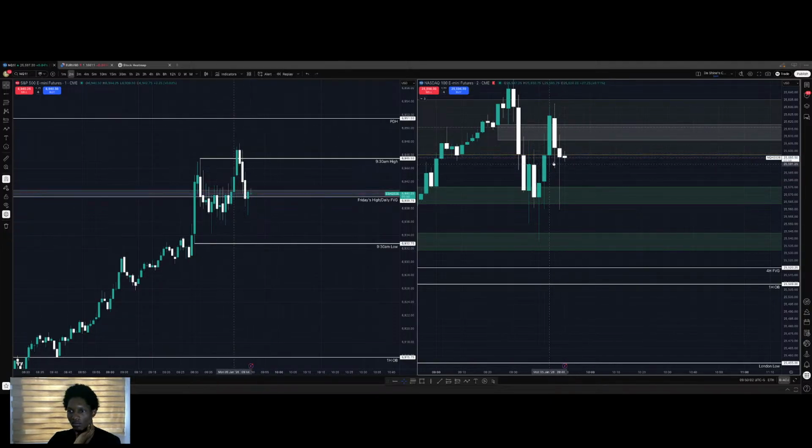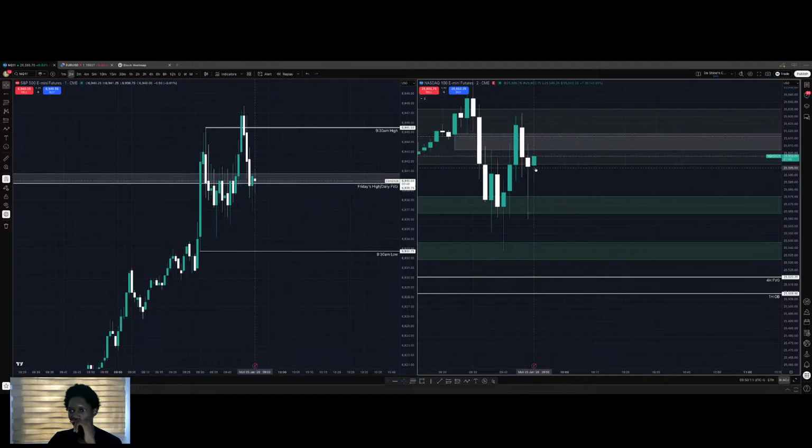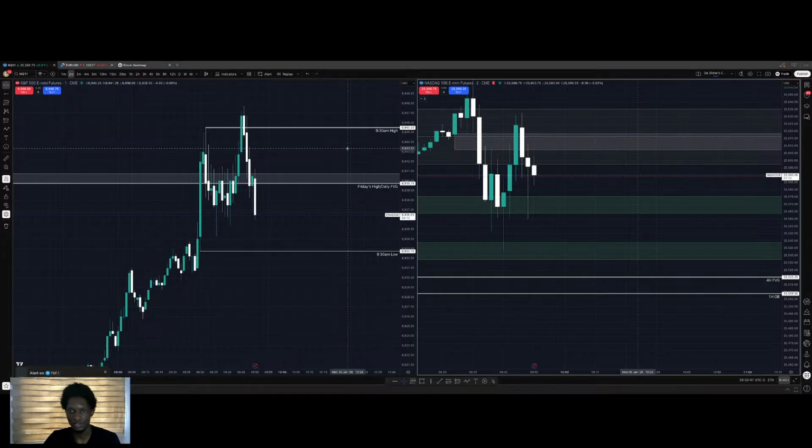So you can see this wick respecting this order block. So to take this trade now, I'll need this candle to close below here. So we have 10 a.m. news. I'm going to wait for the 10 a.m. news. So I wouldn't be doing anything till 10 a.m. news.